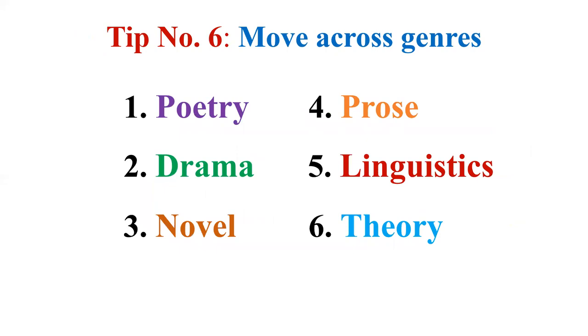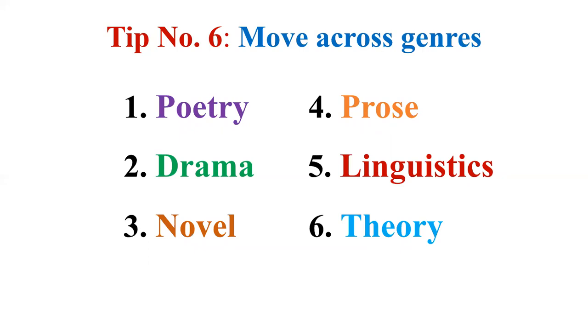Let's say we have arrived at a point where you have to move across genres. You can begin your preparation with one genre, let's say poetry. That's what we have been discussing. We chose T.S. Eliot and looked at some of the major points regarding T.S. Eliot, his works and modern poetry. Tip number 6, move across genres. Sometimes people are obsessed with one topic.